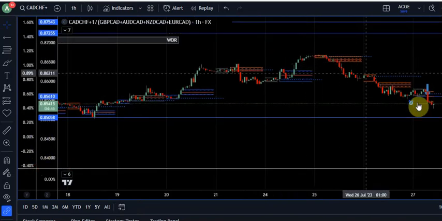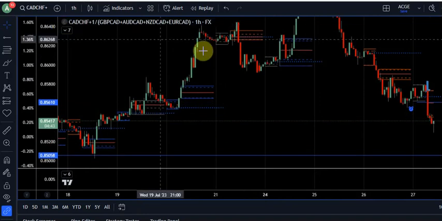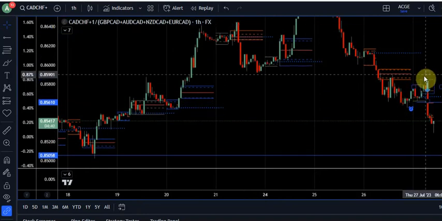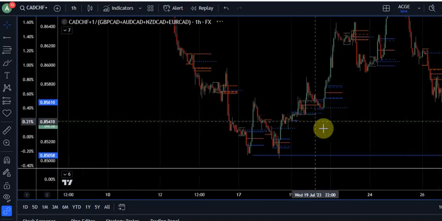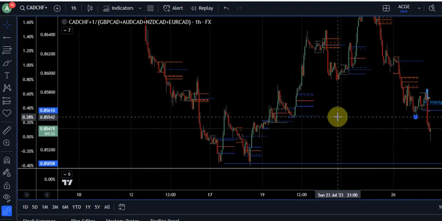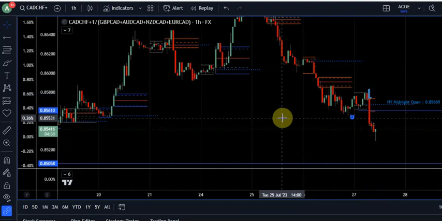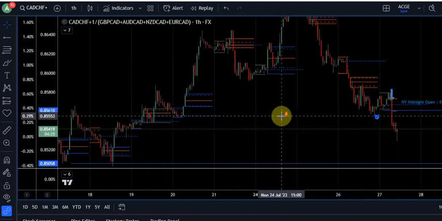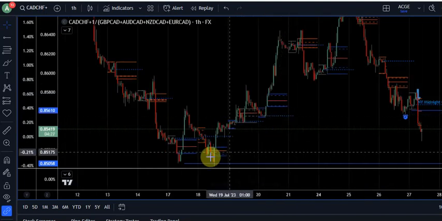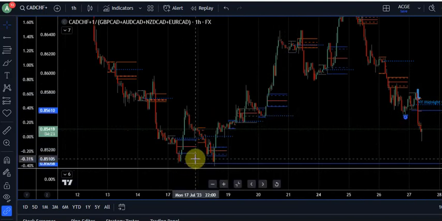So yes, we've been going down, which is in conformity with the CAD short. And in terms of draws on liquidity, we've got a few. There's one here, basically this double bottom here. So there's enough range to go and take liquidity.